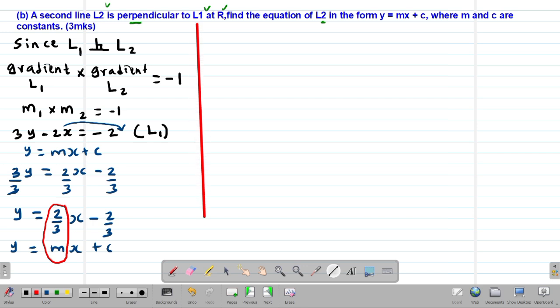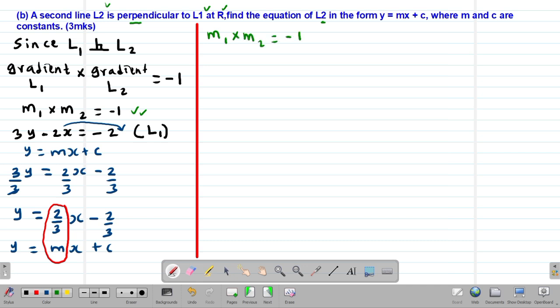Now, because the first line and the second line are perpendicular, I can use the gradient of the first line to find the gradient of the second line. Remember that for any given pair of perpendicular lines, m1 multiplied by m2 should give you -1.